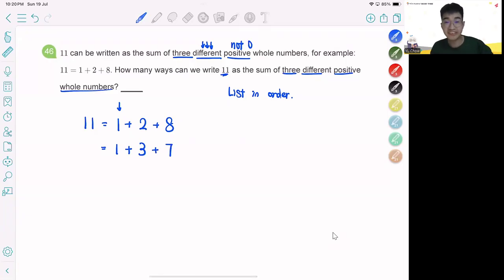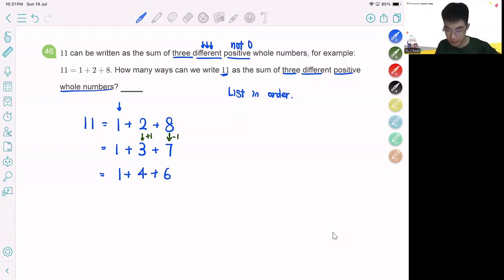Please take note, you could list properly, but your calculation should also be correct. A hint here is whenever you plus 1 here, actually to counterbalance, you need to minus 1 on the other side. So the next one will be 1 plus 4 plus 6. You can check, 1 plus 4 plus 6 really is 11.